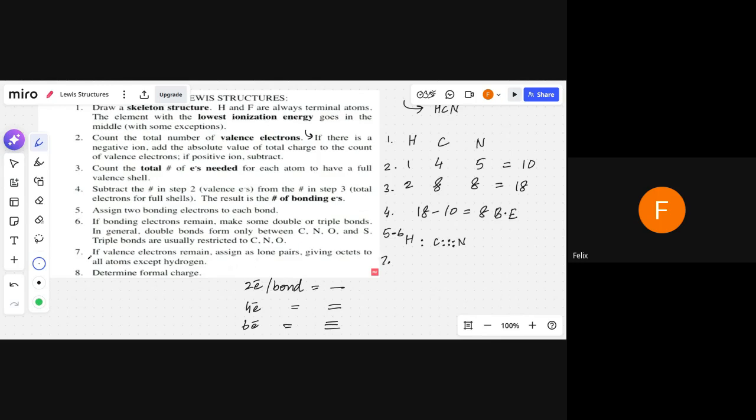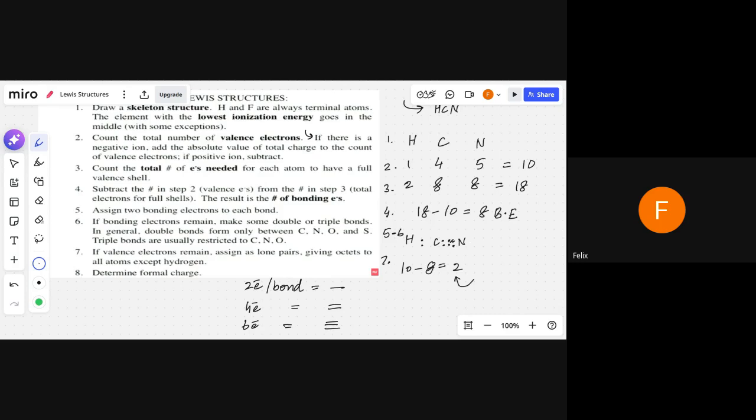It says that if valence electrons remain, assign them as lone pairs, giving octets to all atoms except hydrogen. So here we can see that we started with 10 valence electrons and we assigned 8 electrons, right? So 10 minus 8 gives us 2. So these 2 electrons will go as one lone pair.